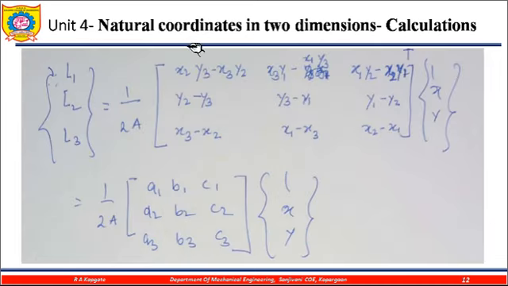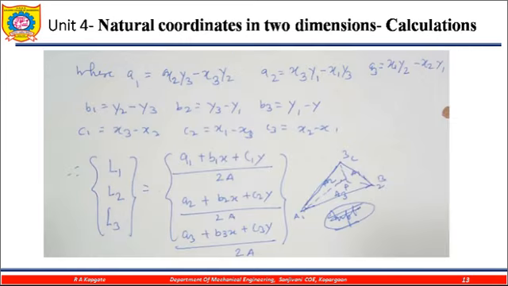If you look here, this is my A1, A2, A3. Similarly, this is my B1, B2, B3, and C1, C2, C3 also in the same way. Hence, this is the C1, C2, C3.